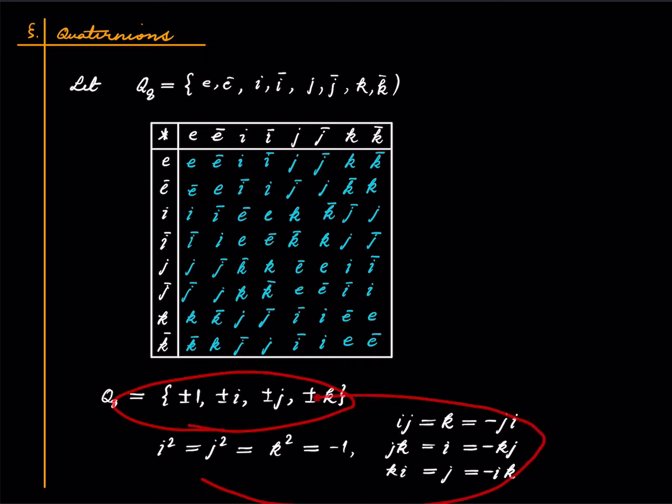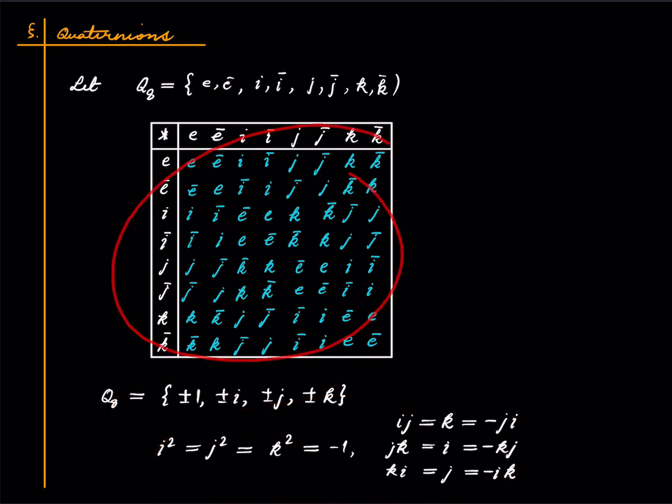With these relations, instead of writing the whole table, if you just record these relations, you will be able to compute everything in this group. Of course it takes a little effort to check that this is indeed a group, but you can believe it, or if you want, you can check it.